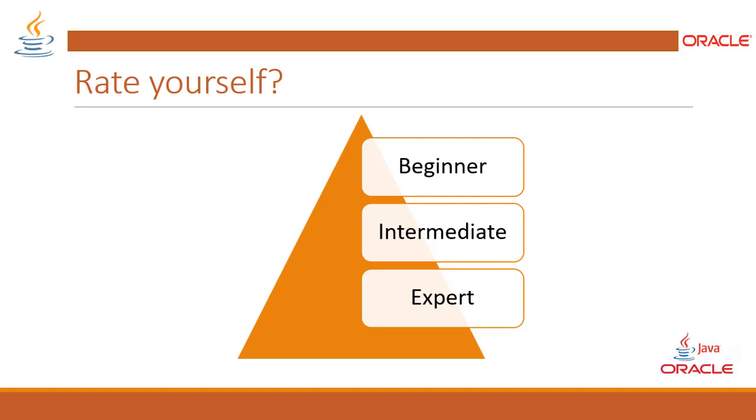The next question after the introduction is "rate yourself." Employers or interviewers most of the time are looking for honest, faithful candidates. So make sure you say beginner, intermediate, or expert, whatever type you are. If you are a fresher who just started working, you can mention that you're a beginner.